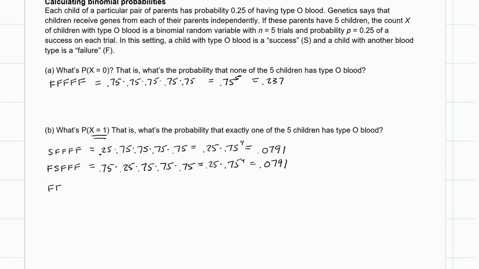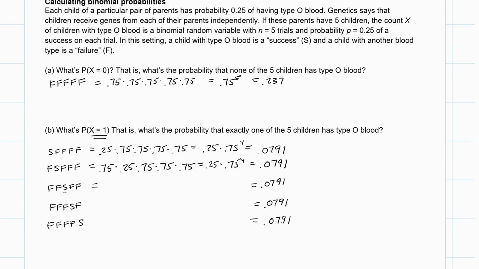And it doesn't take too much more to realize that if I move that success to the third, or the fourth, or the last position, it's still going to end up having that same probability.